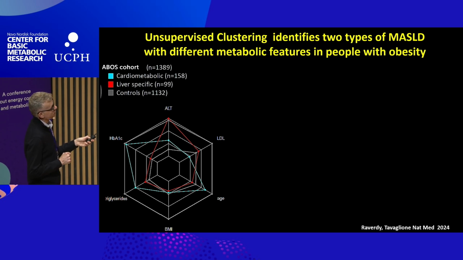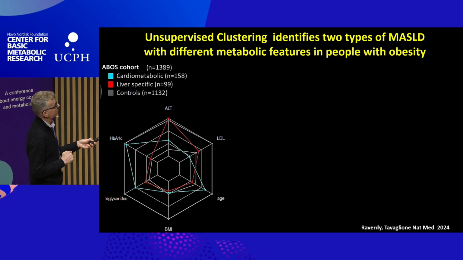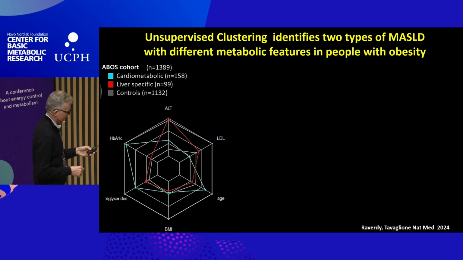A red one that was characterized by having higher ALT, a little bit higher LDL cholesterol, and one cluster that was characterized by having higher HbA1c, so diabetes, blood glucose, and higher circulating triglycerides. And then there was a control cluster.